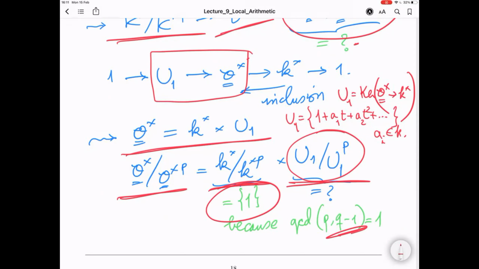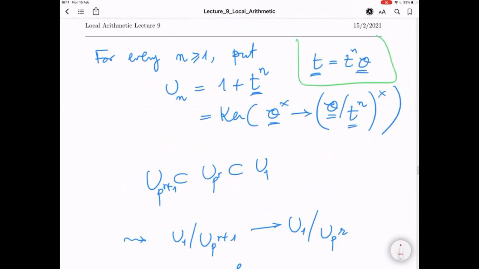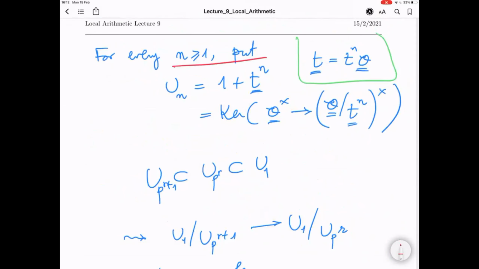A little more about U1. In general, if you have any n, you have Un, which is the kernel of the reduction modulo t to the n, where t is the ideal generated by the indeterminate t.